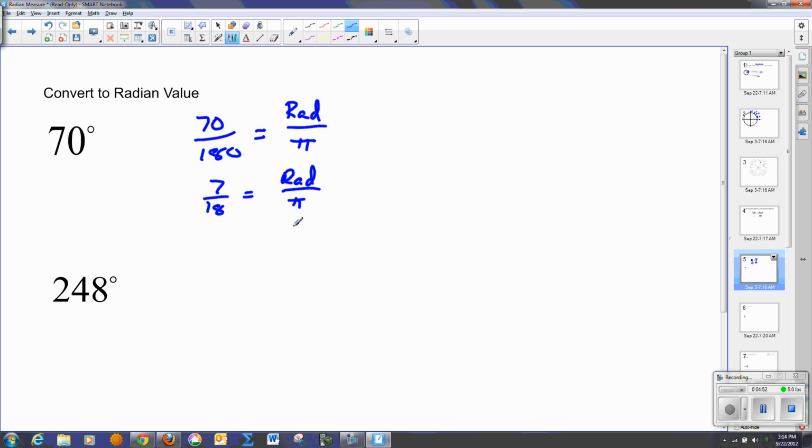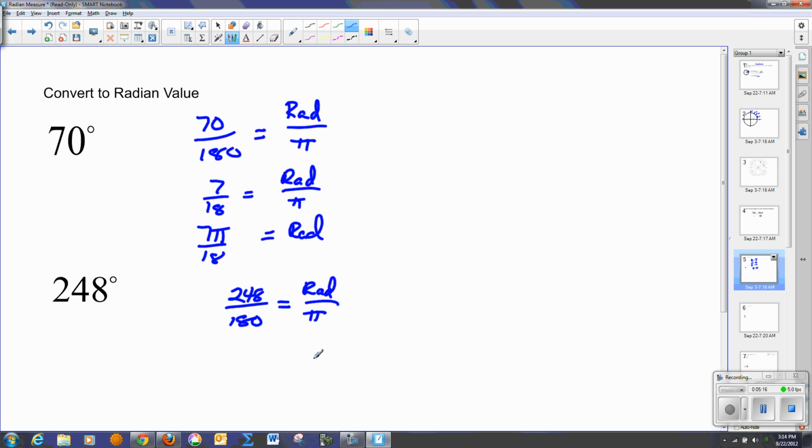Therefore, my radian value is equal to 7 pi over 18. Likewise, I can do the same with 248 degrees. I can say 248 over 180 is equal to my radians over my pi.